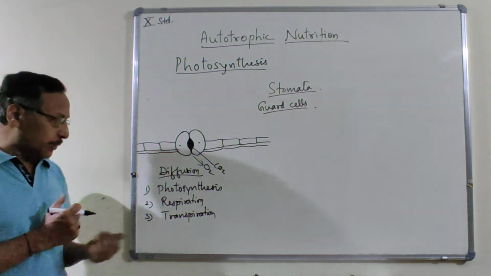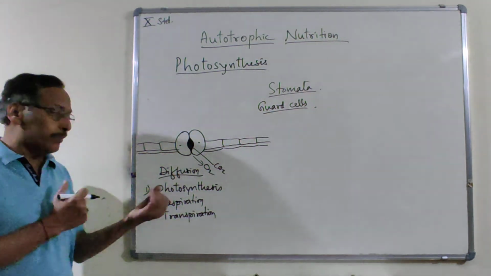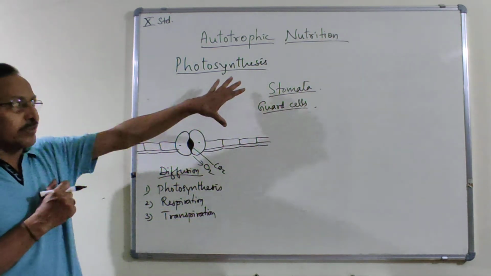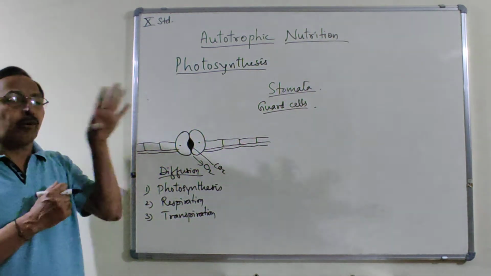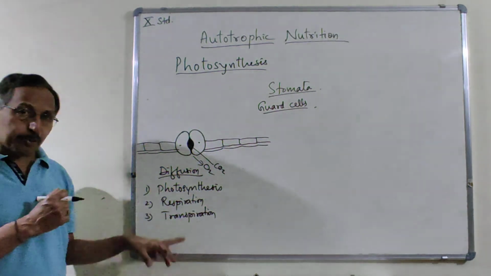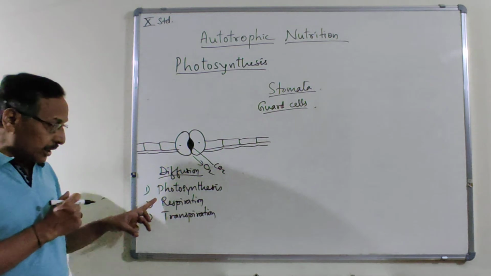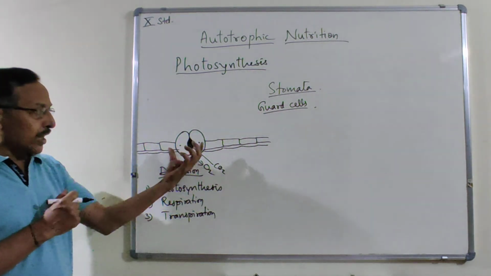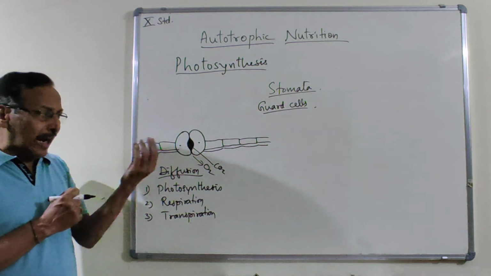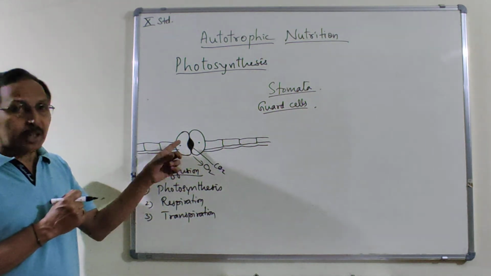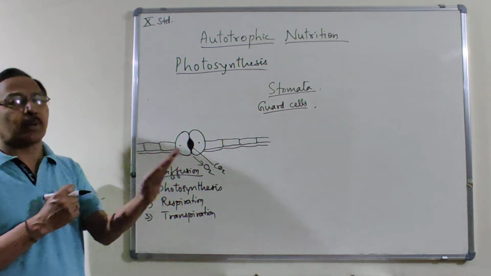They may be respiring, they may be giving out oxygen also, right? But photosynthesis takes place in the leaves because they have chlorophyll. So these stomata help in all the three processes: photosynthesis, respiration and transpiration, which is done due to absorption and losing of water. When they absorb water, stomata open. When they lose water, stomata close.